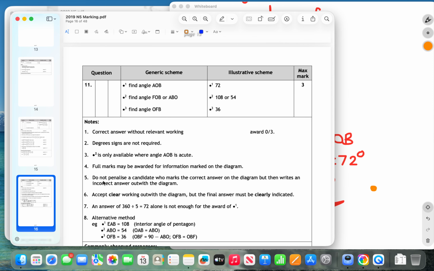Another way you could do this question is by writing each angle onto the diagram. You could either draw the diagram yourself or add these onto the diagram given in the question, because you do write on the sheet for the exam.